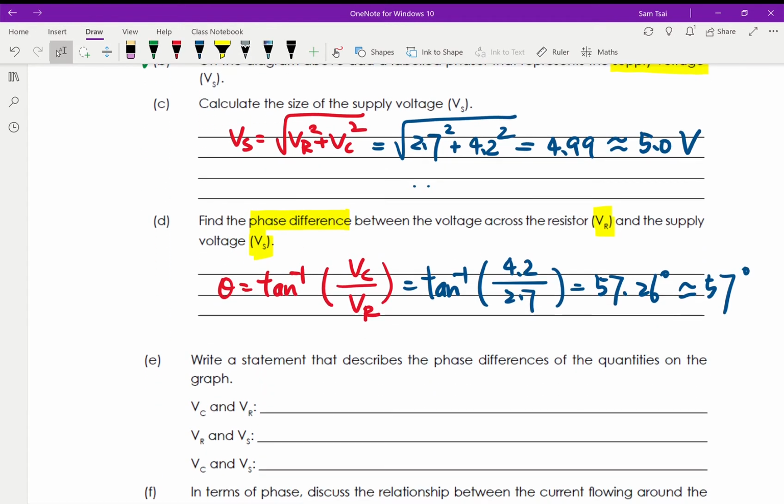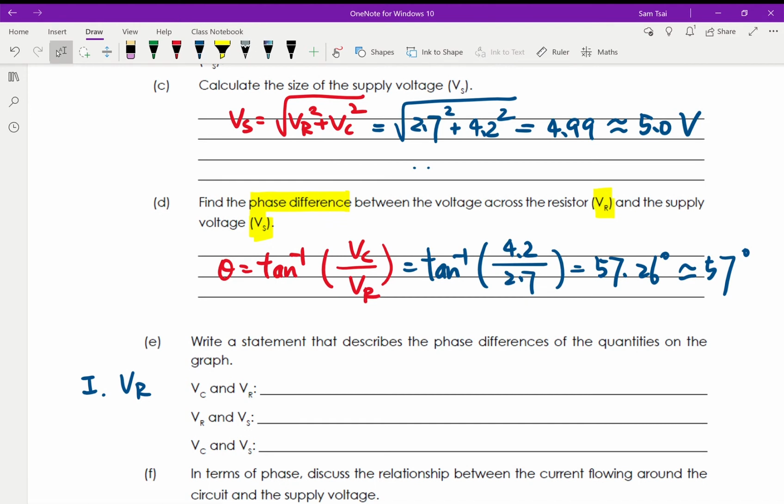Now write a statement that describes the phase difference between the quantities on the graph. So how do we do this one? I think in our mind we need to know I and VR are in phase. Other than that, we can do it. So we write VC and the VR.